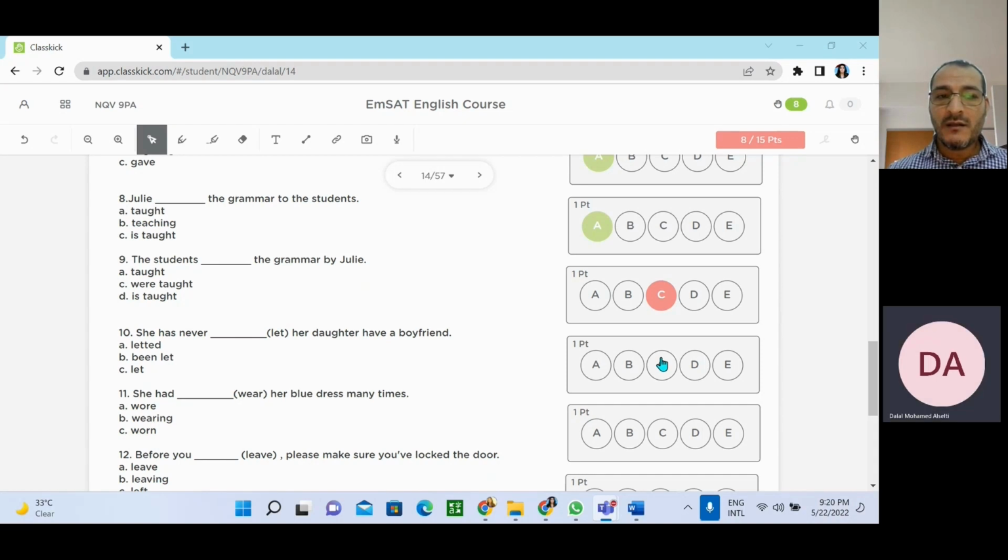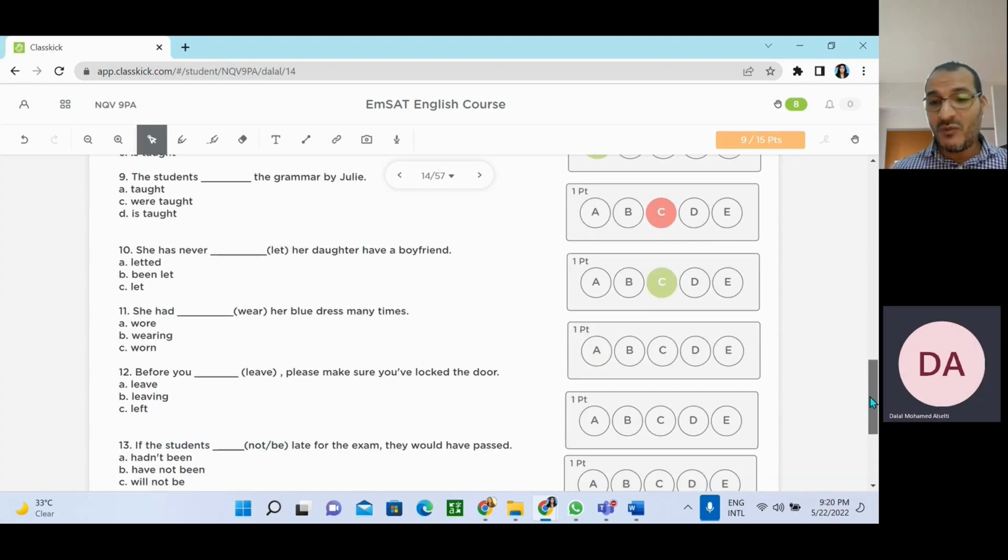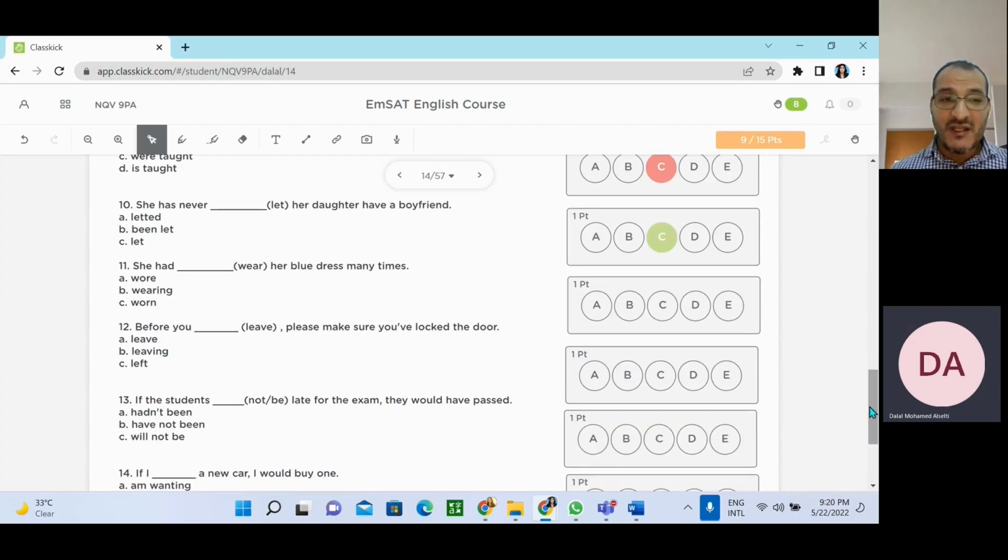No, we don't add s with let, if let is the main verb without any helping verb. We don't use let in the present continuous. We just say she lets, she let. If we say "lets," it means present simple. If we say "she let" without s, that means let in the past form doesn't accept s.